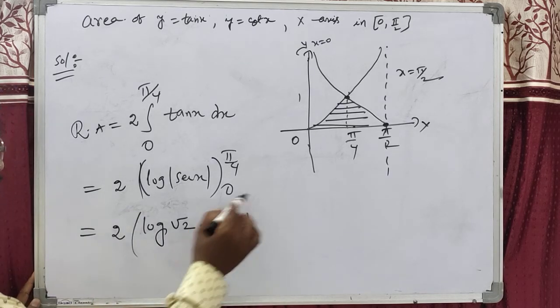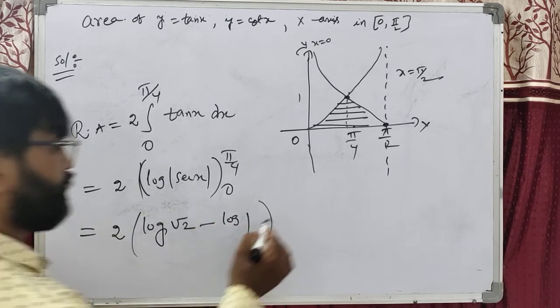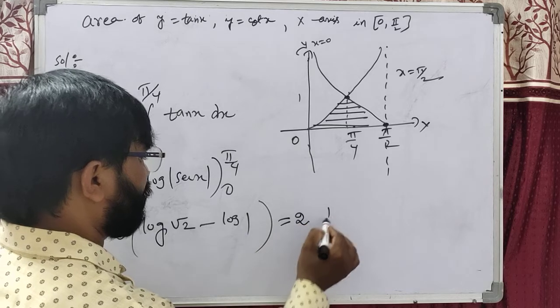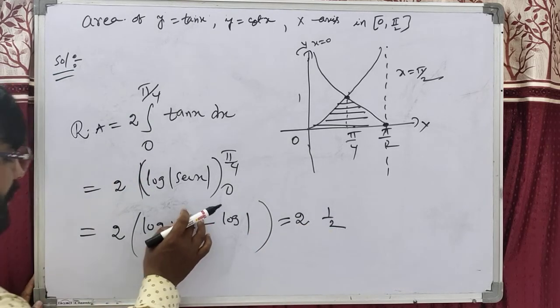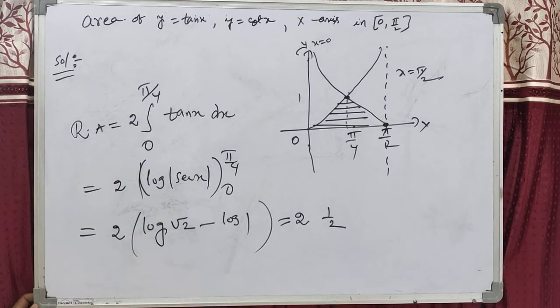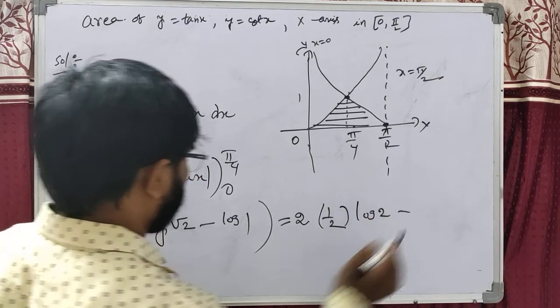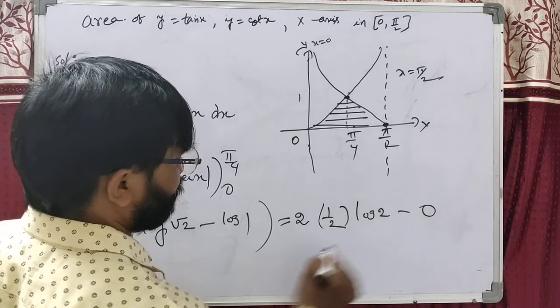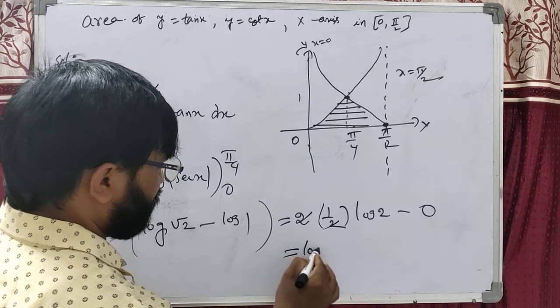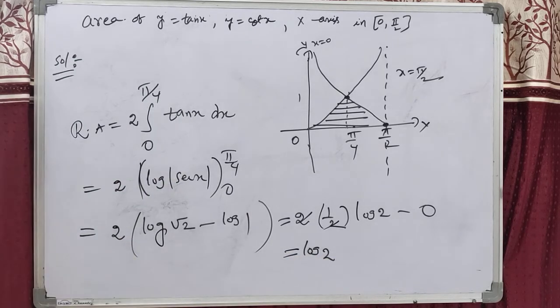Okay students, after that you can write this as 2 into 1 by 2, since root is the power 1 by 2. Log a power m is m log a, so it is 1 by 2 log 2 minus log 1, which is 0. Dear students, this is log 2 square units.